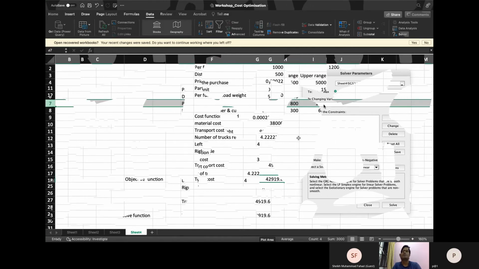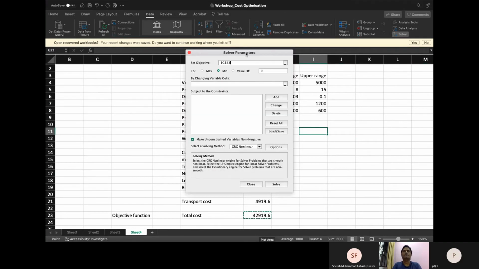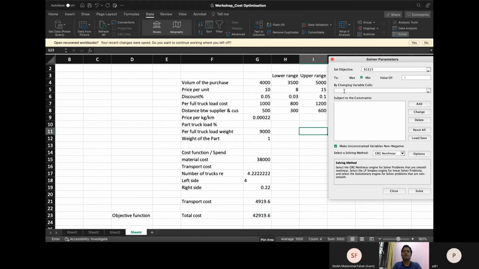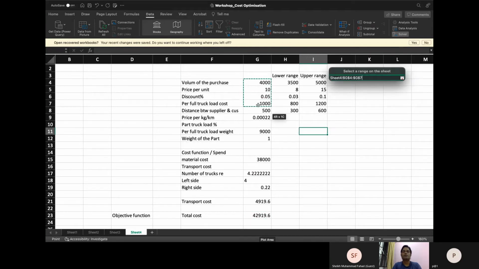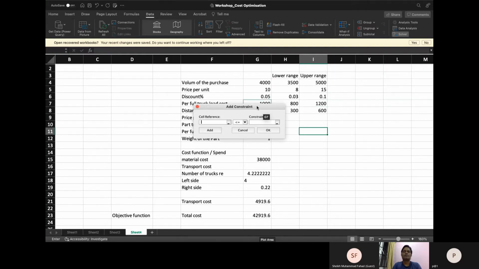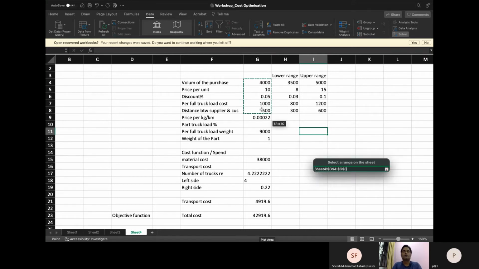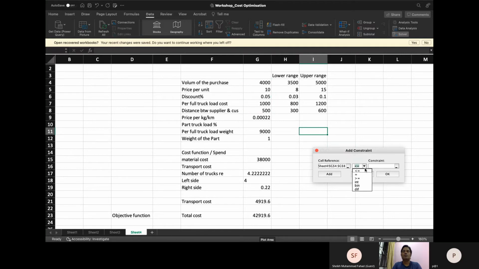And what are my variables? I'm going to go back to Solver. I've just arranged the data so I can select all the variables together. Now I add the constraints, the boundaries. This all should be more than or equal to the lower range.